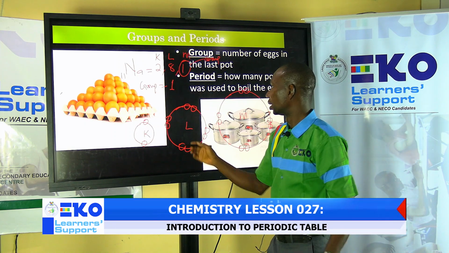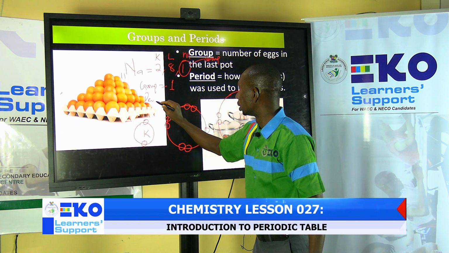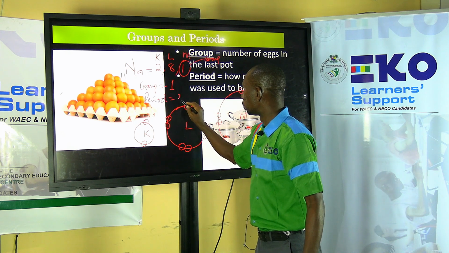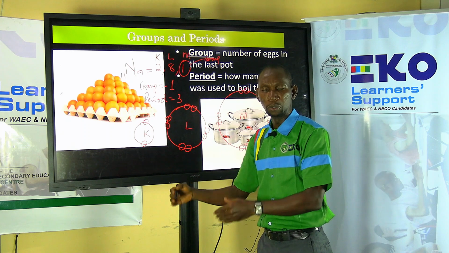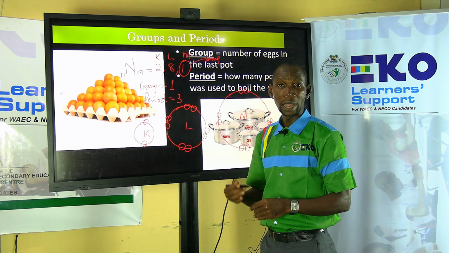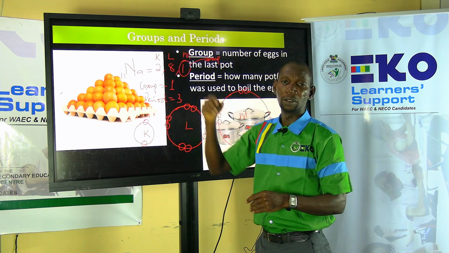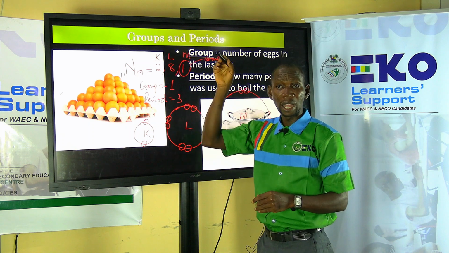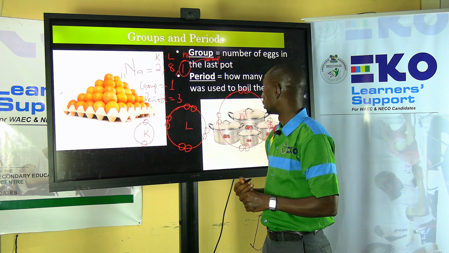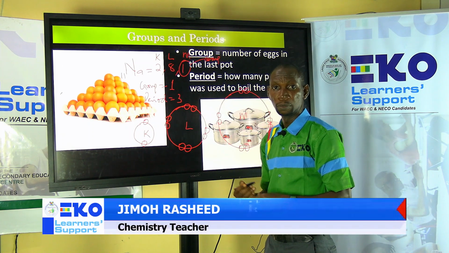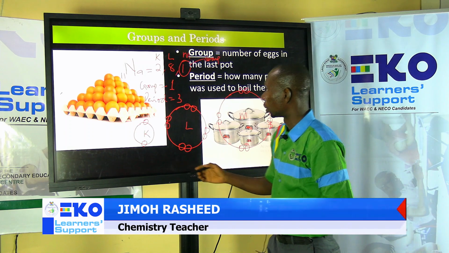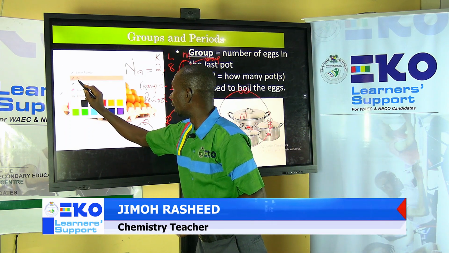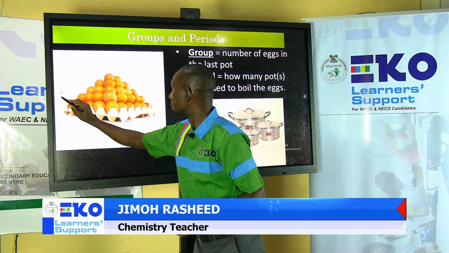And that means it belongs to period 3. So the period is the number of shells that we put electrons into, while the group is the number of electrons that we have on the last shell. I hope that by now you should be able to identify the group and period that a given element belongs to. So let's move on.